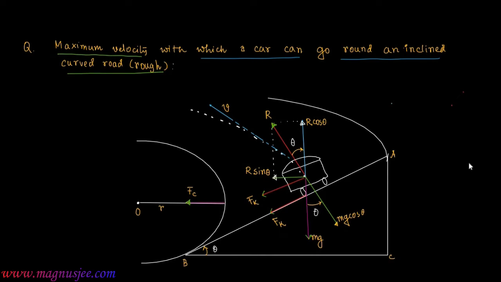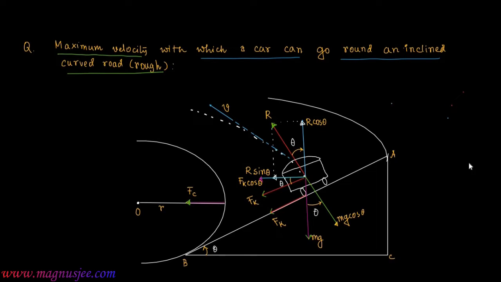Now kinetic friction Fk acts at the same angle theta with which the road is inclined, and we can consider the rectangular components of this kinetic friction Fk. We have to consider two rectangular components of kinetic friction Fk acting between the wheels of the car and the inclined rough curved road.